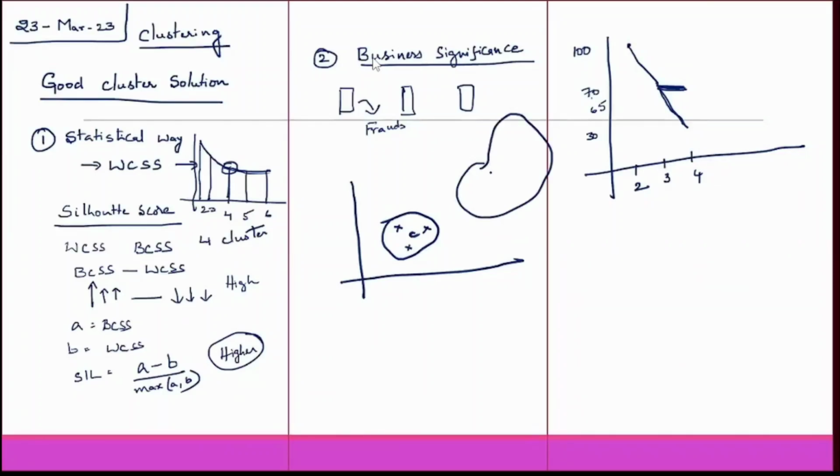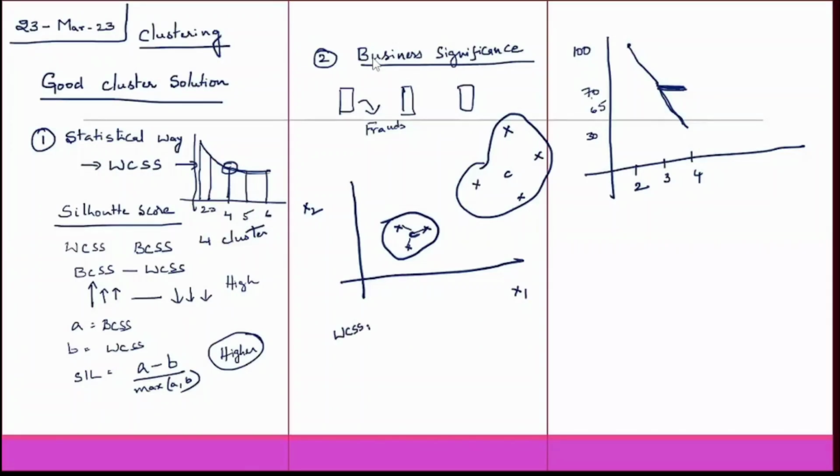Let's say these are my observations. This is like two variables, x1 and x2. If I look at their clusters, this is the cluster center or the centroid. So I can find out this is the within cluster sum of squares 1.